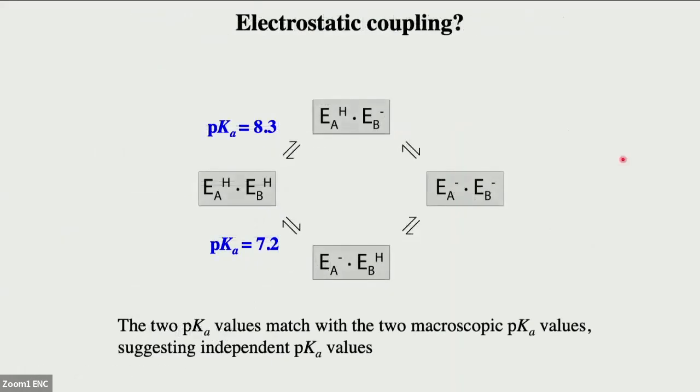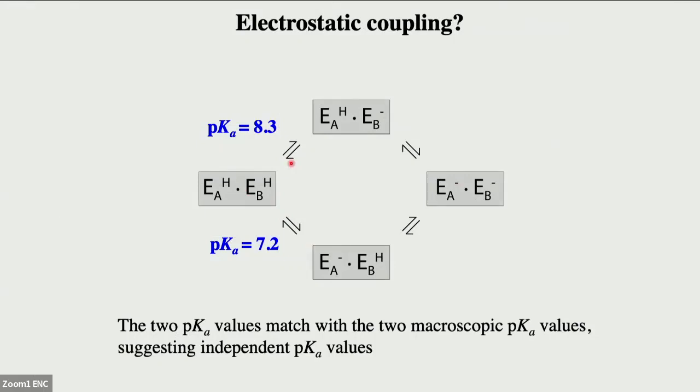So now we have a pK value which is as good as I think we can do experimentally in terms of measuring a microscopic pK for the different monomer A and monomer B sites. And what we got was 7.2 and 8.3. Now those match, surprisingly, well, within experimental error, the two macroscopic pKs that we could measure in the two-pK heterodimer samples, which suggests that there are really independent pK values.